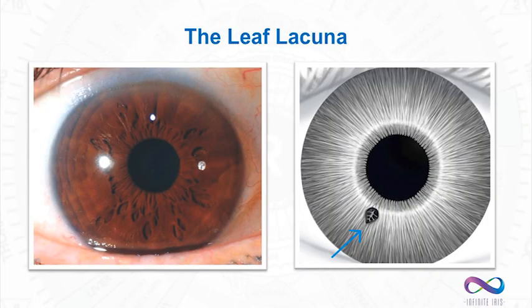The leaf lacuna looks like a leaf. It has little ribs inside of it. So we have a little leaf here. When we see the leaf lacuna, those lacuna are found in the organs of secretion. And the leaf lacuna is topostabile in the area that you find it in. If it's in the adrenal area, look for conditions in the adrenal.